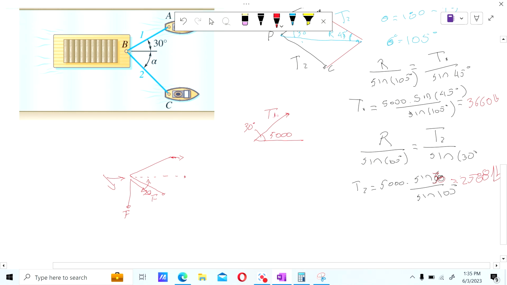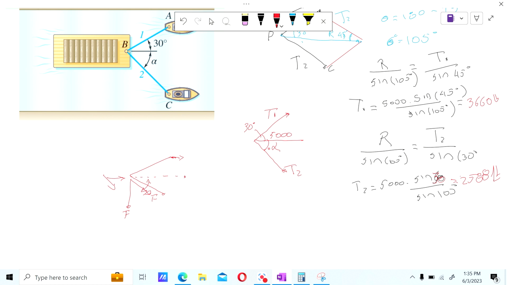Obviously, T1 is going to be different too, depending on what happens with alpha, right? And then we have alpha, and then we have T2. So we have to find the minimum value of alpha. Is it 0? Well, probably not.